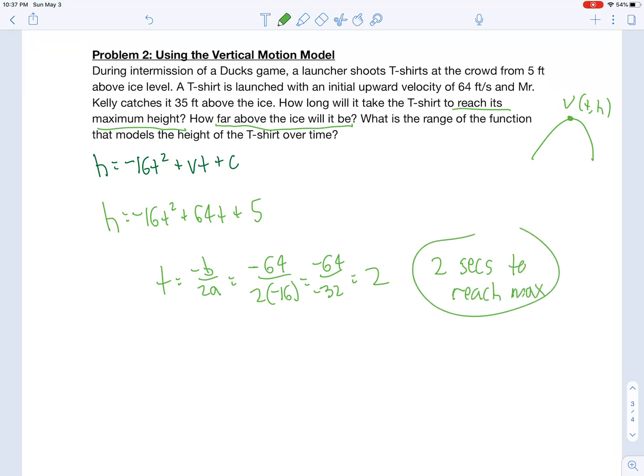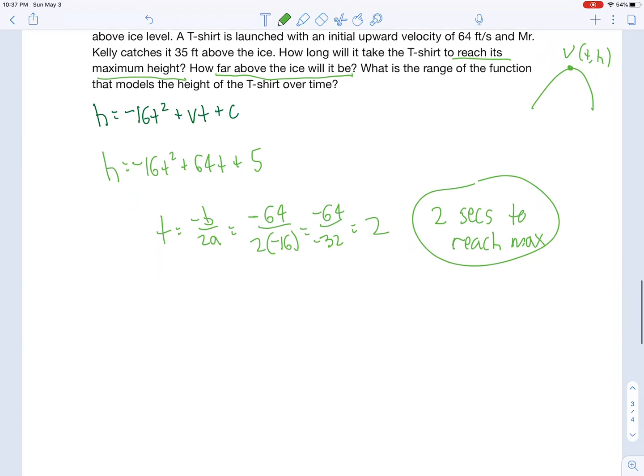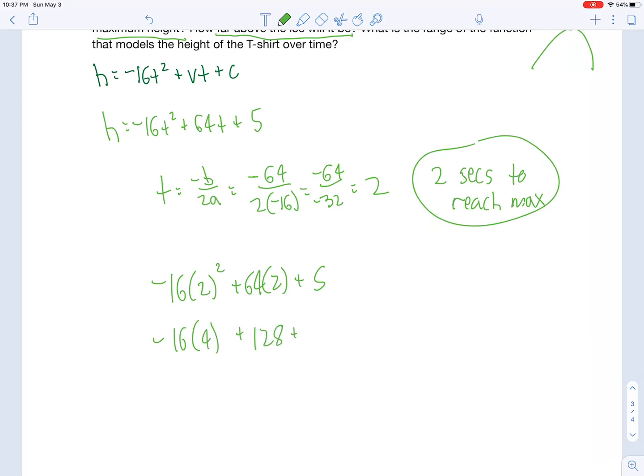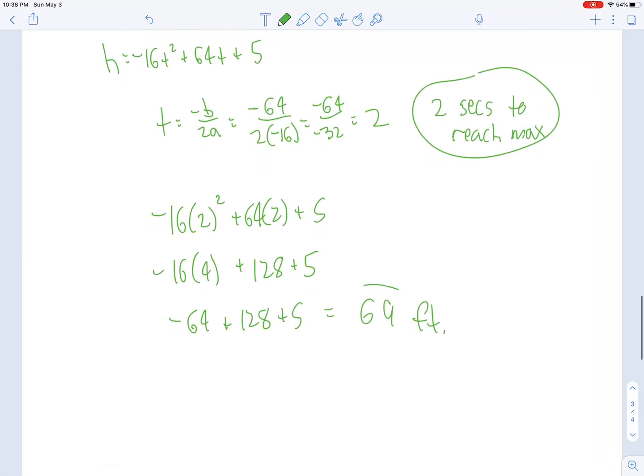That would be your vertex. And then how far above the ice it will be is basically the height at that exact time. So like what we did before, if I take 2 and plug it in for t in my function, I just want to plug that value in and see what it ends up getting. So negative 16 times 4 plus 128 plus 5, let's see, I think that's negative 64 plus 128 plus 5, which ends up being 69 feet above the ice level.